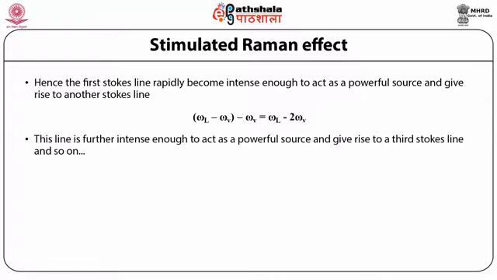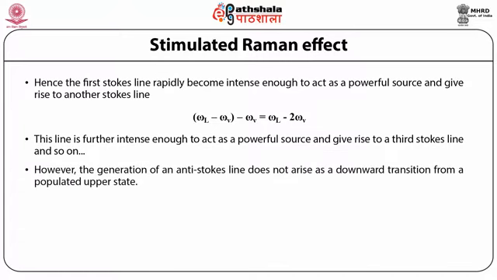This line is further intense enough to act as a powerful source and give rise to a third Stokes line, and so on and so forth. However, the generation of an anti-Stokes line does not arise as a downward transition from a populated upper state.